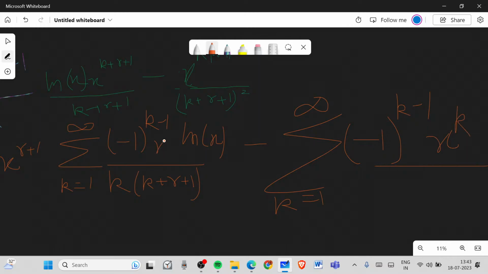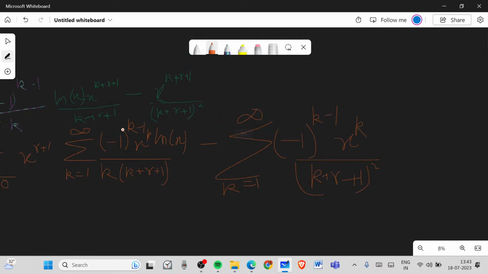Here we missed this thing, x to the power k by k plus r plus 1 whole square. I guess it's the right thing we've written. Now what's next? Basically we need to find these sigmas.